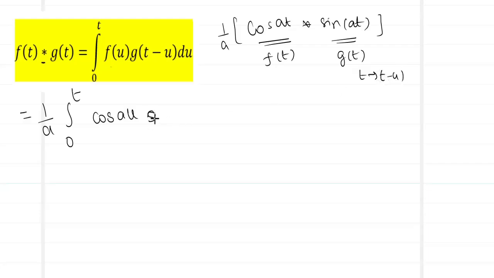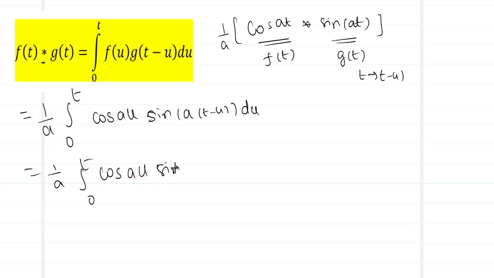So we will have sine of a times t minus u, into du. This will give us integral from 0 to t cos a u sine of at minus au into du. Now this is of the format cos a sin b.